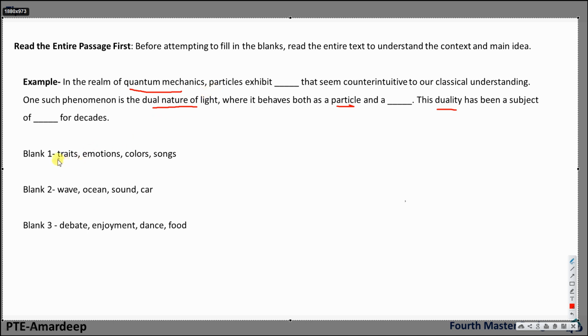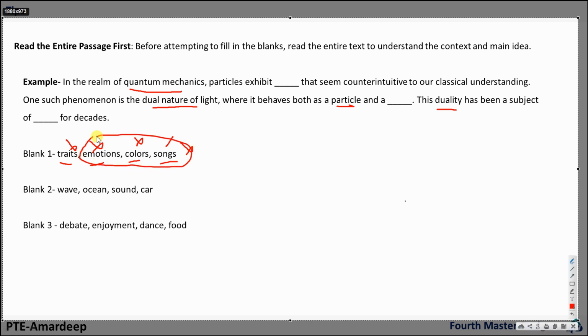Particles exhibit traits, emotions, colors, songs. This is about what? This is about mechanics. Like in physics, do particles exhibit songs? Do they exhibit color? Do they exhibit emotion? Do they exhibit traits?